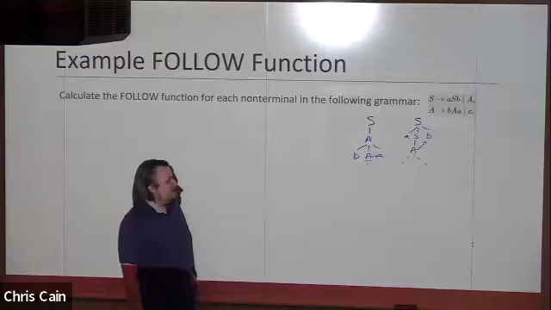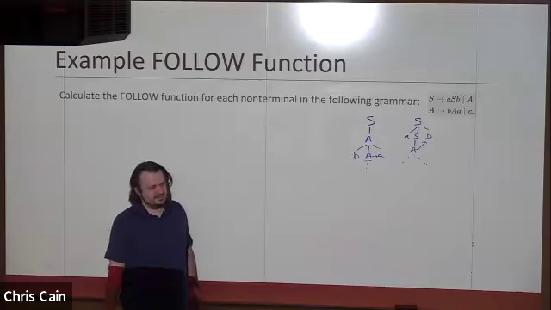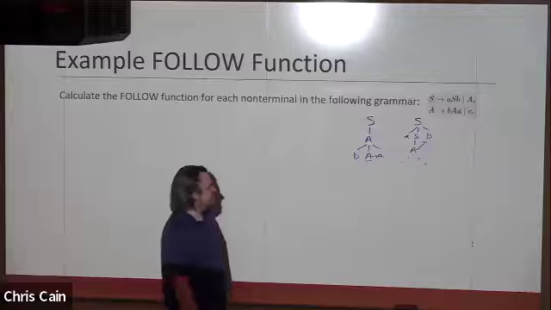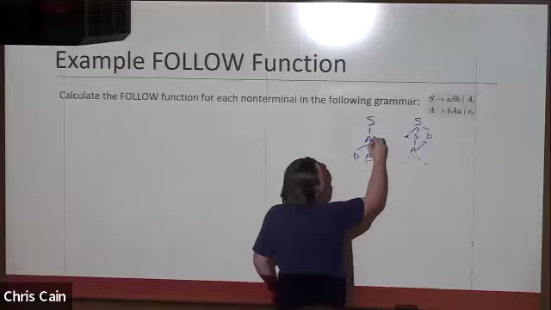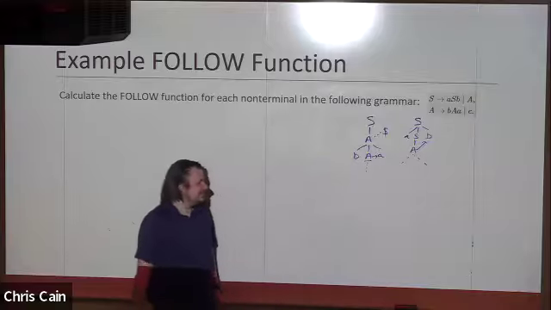Is there anything else in follow of A? Convince yourself the answer is yes, because there's one more thing in follow of A. End of string. Yes, dollar. Right here, what comes after this A? The end of string.